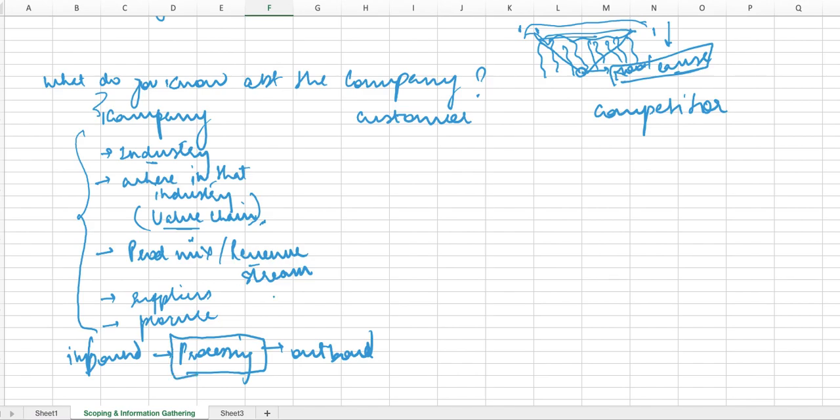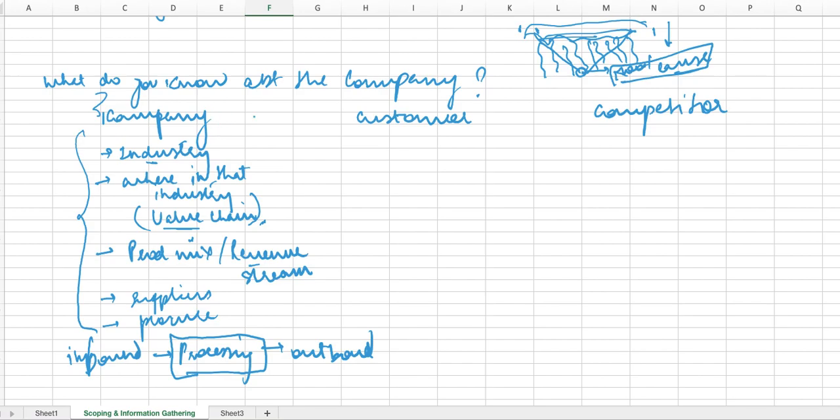Just because I was asked something about auto spares and I had some context in my mind because I've worked in a similar situation earlier, while working on this part, that is, knowing more about the company, I decided to break this into the value chain and then ask certain questions regarding the company.